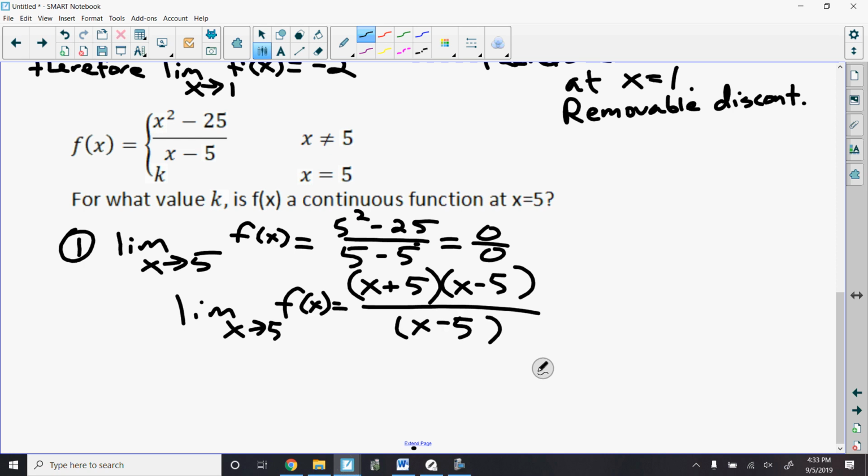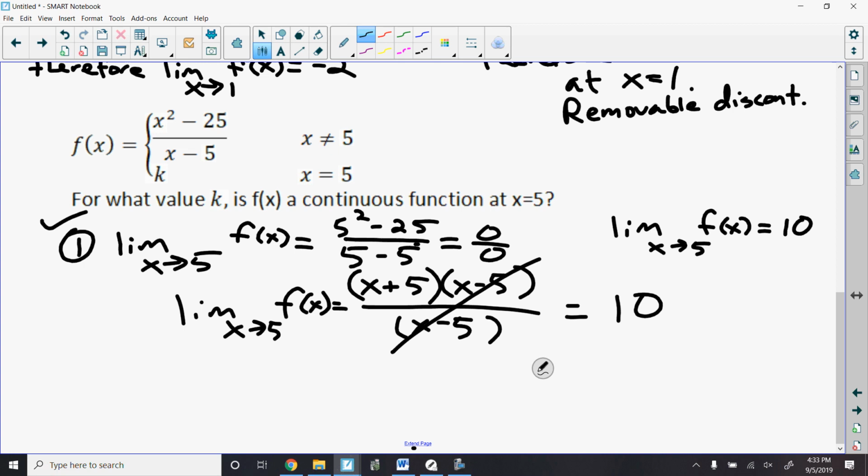So what I can do now is cancel out my x minus 5s, which is giving me my problem. And now when I plug in 5, I get 5 plus 5 equals 10. So I know the limit as x goes to 5 is 10. So I know the limit exists.